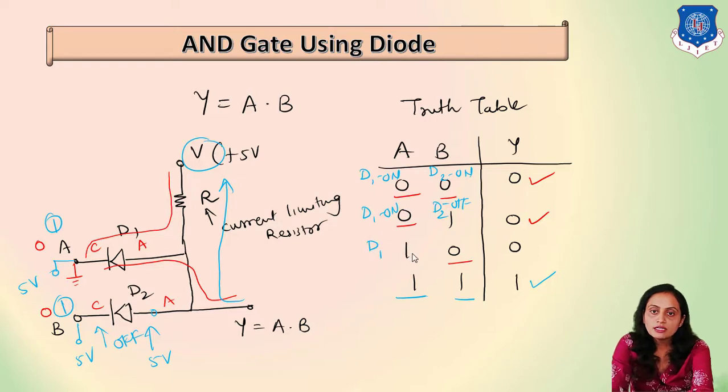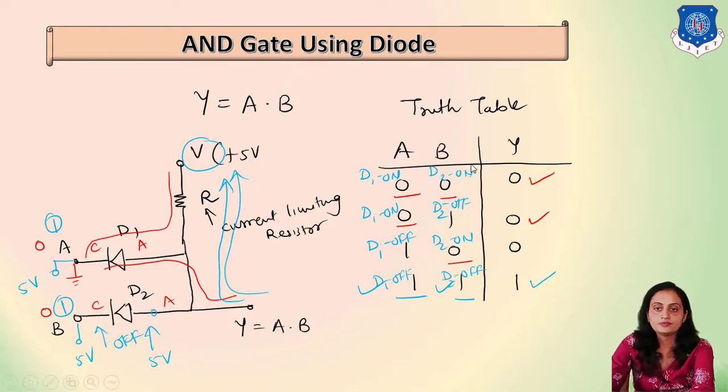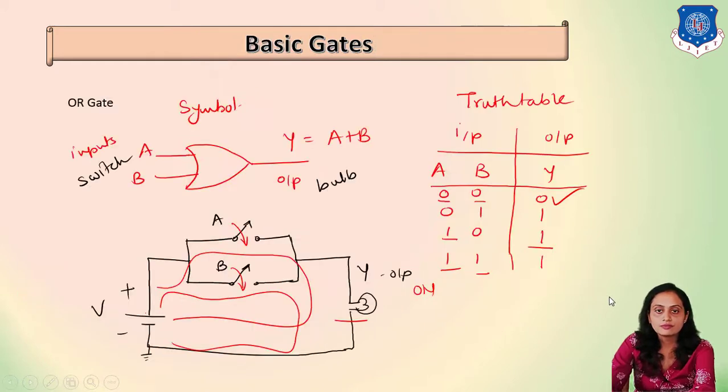Now here the input is 1, that means D1 is off and D2 is on. And here D1 is off as well as D2 is also off. When both of these diodes are off, the output is directly connected to this plus 5 volt. This is the AND gate using the diode.